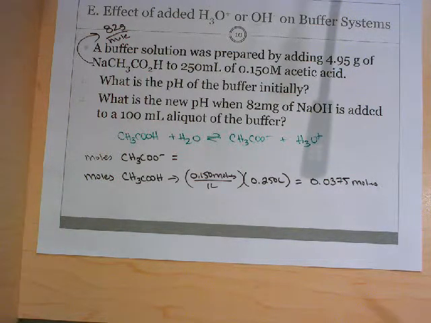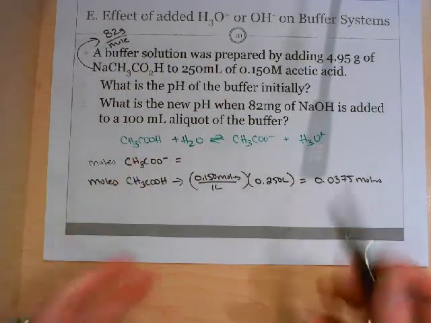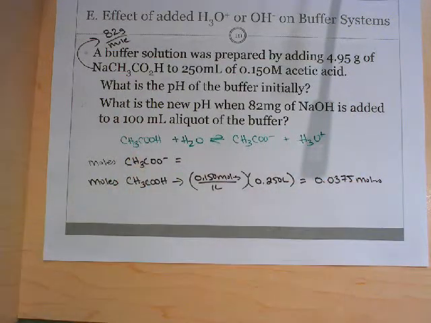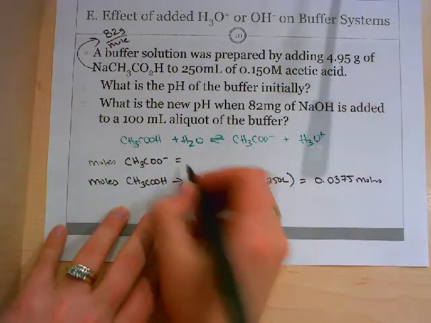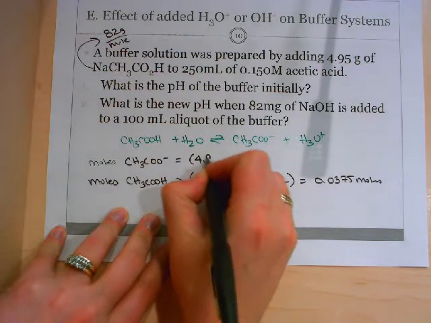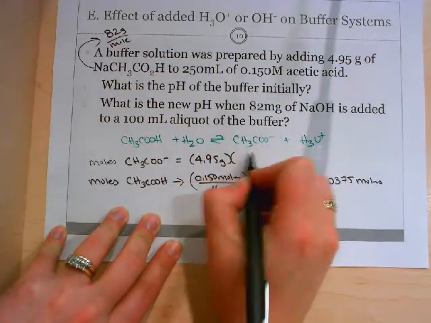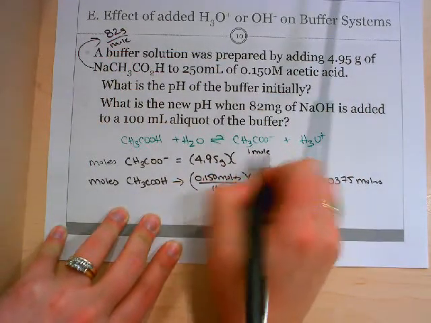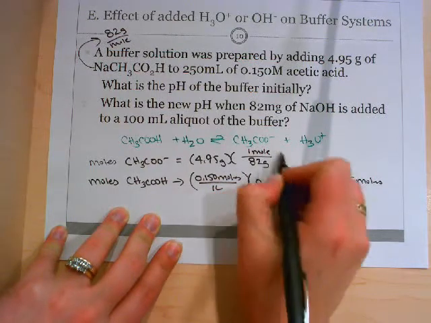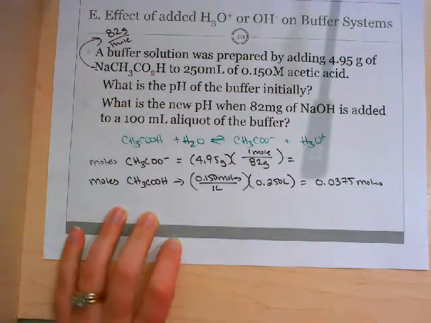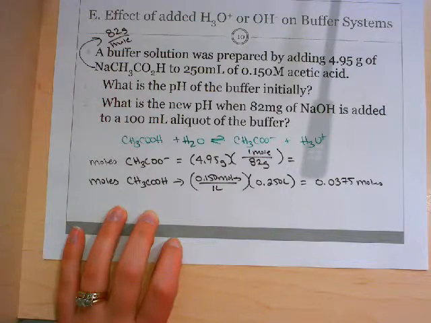But then when you do this, the sodiums would be on both sides and cancel out. Good question, though. Alright, so now I have 4.95 grams. Make sure that's right, 4.95.